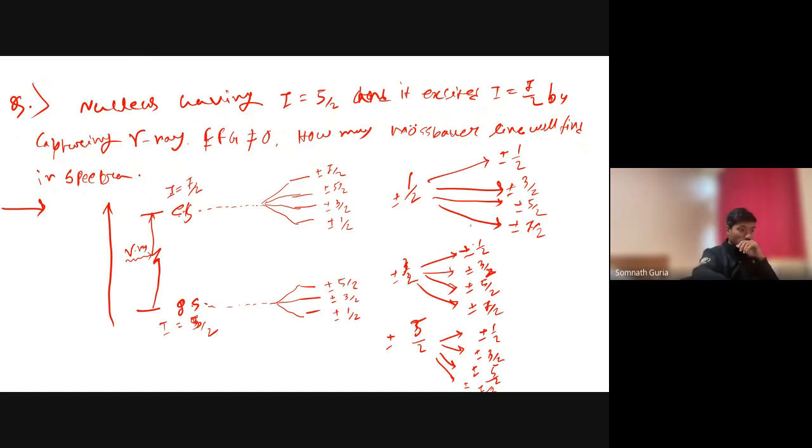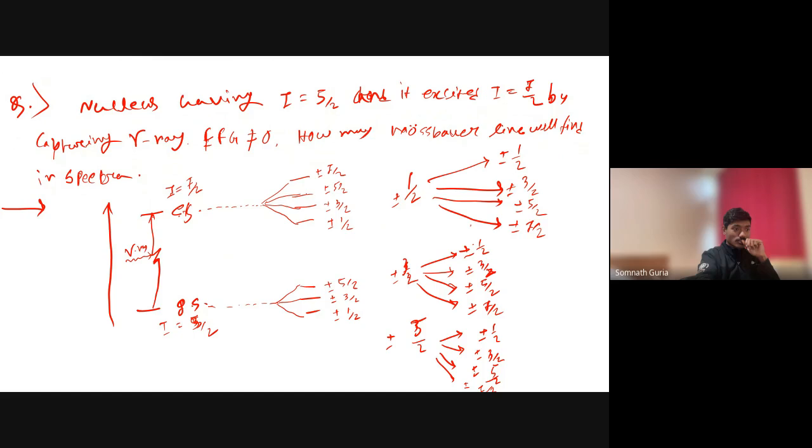Our main fundamental thing is the energy gap between plus minus half to plus minus half, plus minus 3 by 2 to plus minus 3 by 2, plus minus 5 by 2 to plus minus 5 by 2, which will be similar.